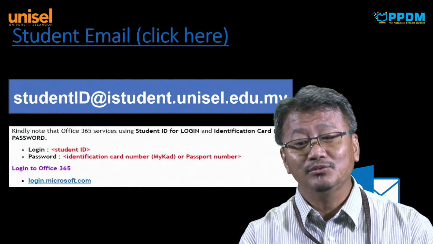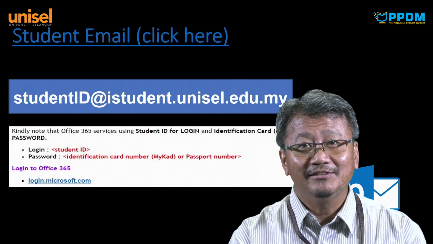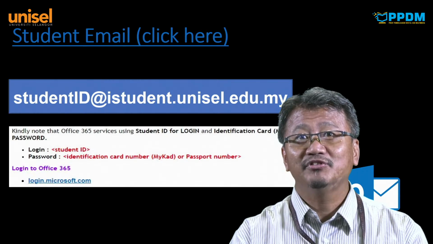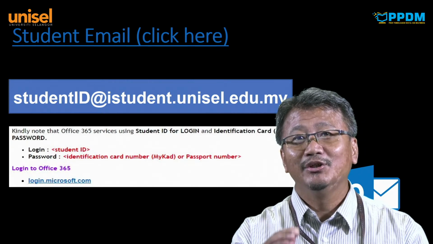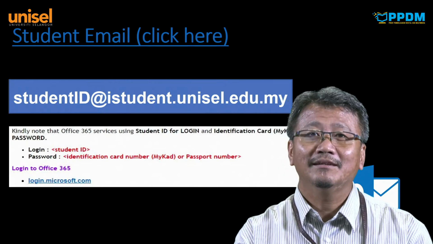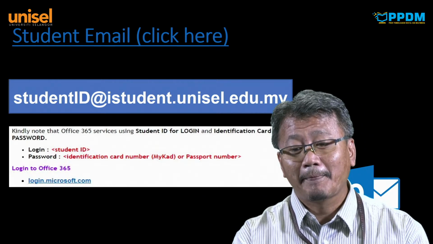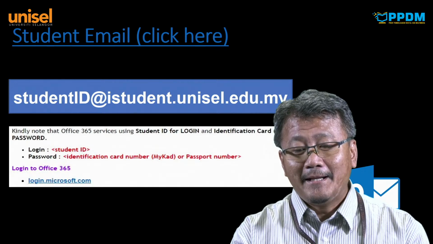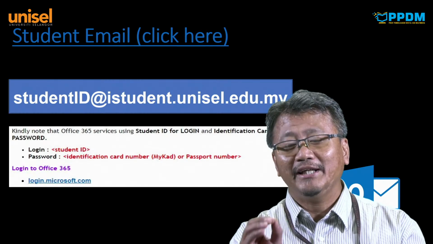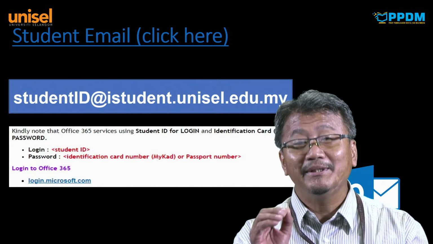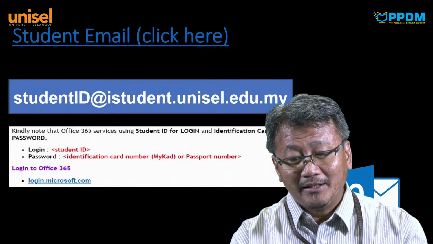And just to clarify, student email and Office 365 administration, which covers provisioning and support, are within the CICT unit's jurisdiction, so you have to contact them. CICT stands for Center for Information and Communication Technology. So please contact them directly.